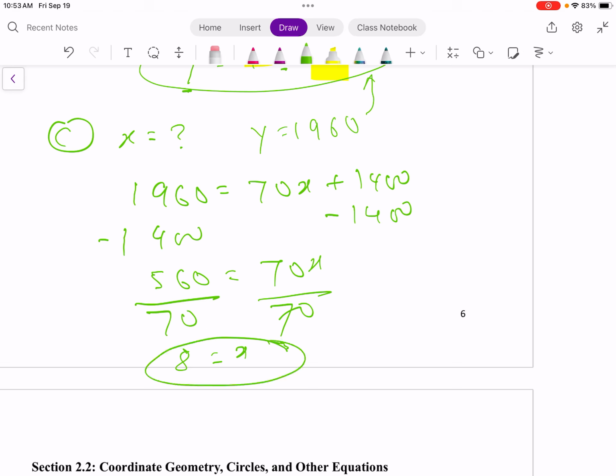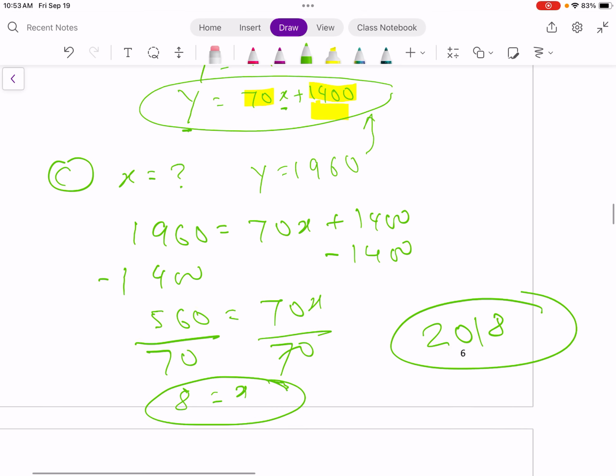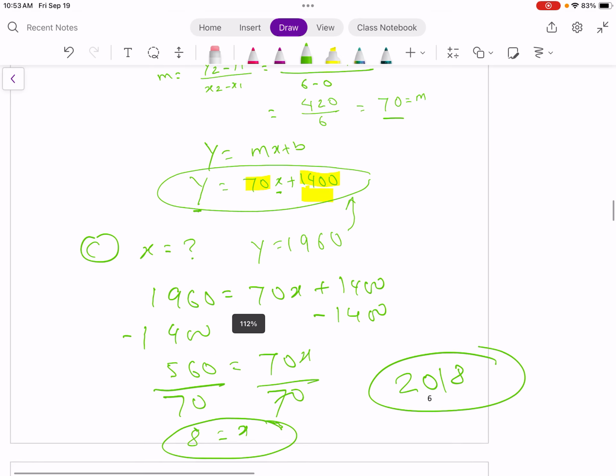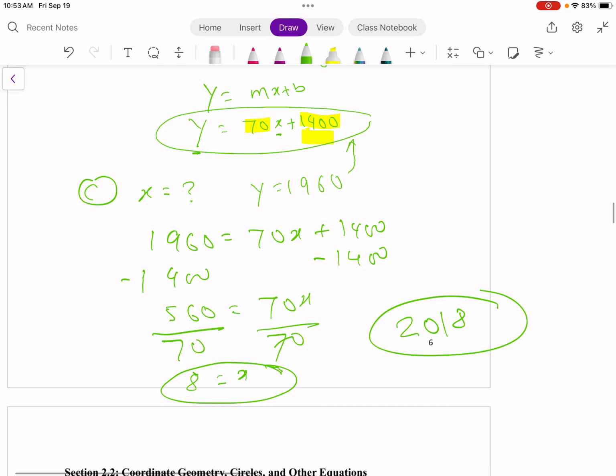So if the number of years since 2010 is 8, what year is that? 2018. So in the year 2018, the number of geese will be 1960. So this is how we can use this equation of a line in a real-life problem.